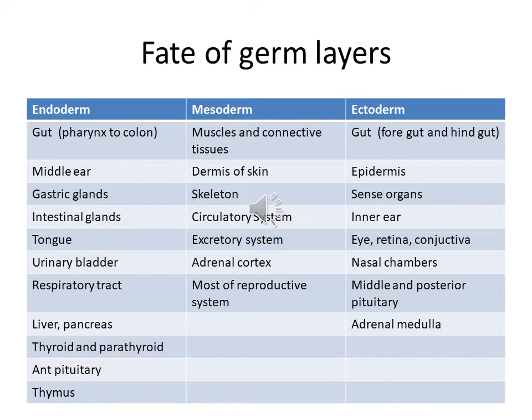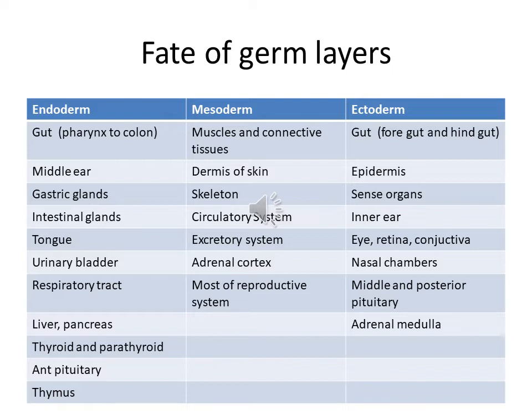Now next one, ectodermal. Gut: here foregut and hindgut, so the remaining part of the gut. Then epidermis, sense organs, inner ear, eye, retina, conjunctiva, nasal chambers, middle and posterior pituitary and adrenal medulla.